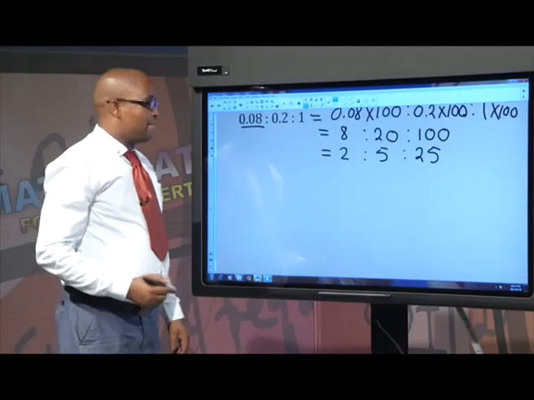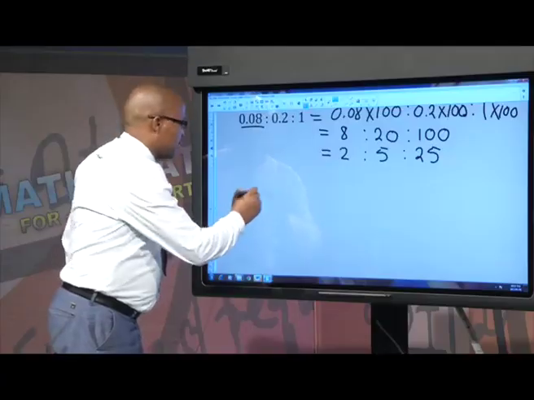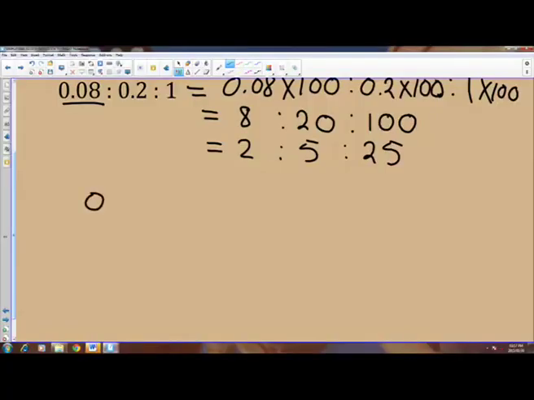We can as well have the last example where we have 0.2 is to 0.01. This is another example. To make 0.2 a whole number, you have to multiply by 10. But the highest number of decimal places is seen in 0.01, so we have to multiply by 100.